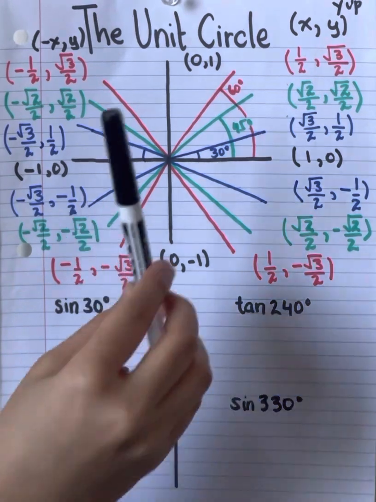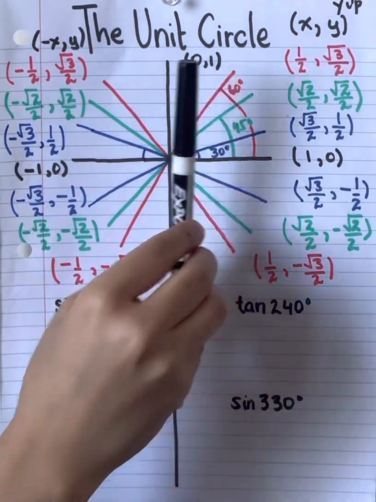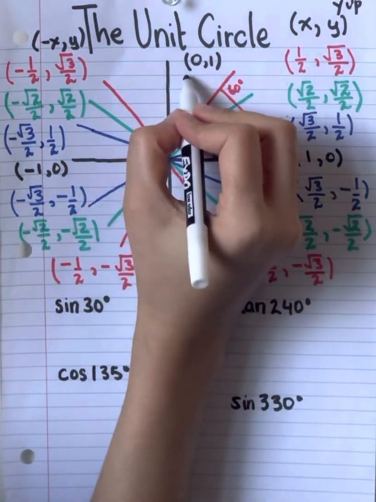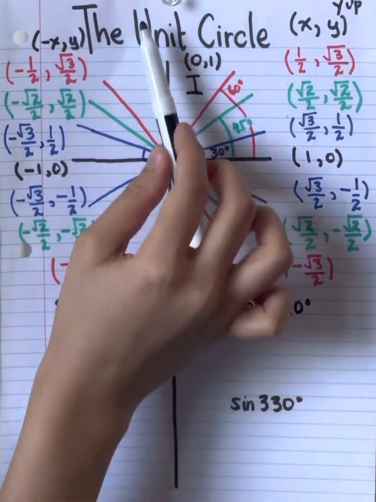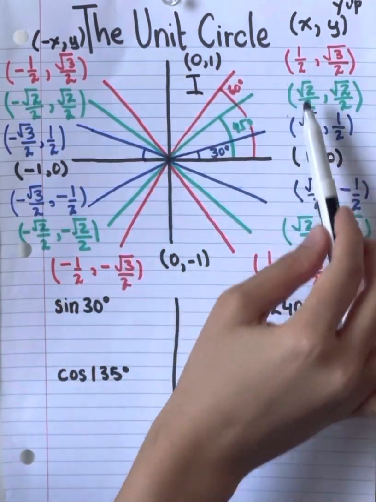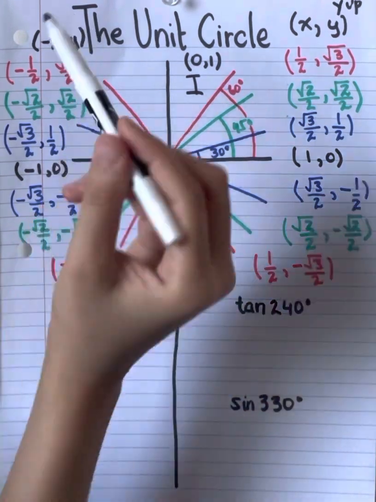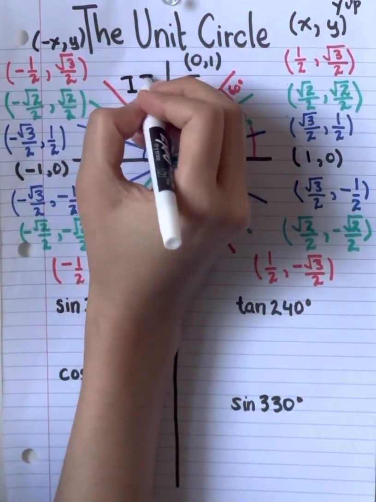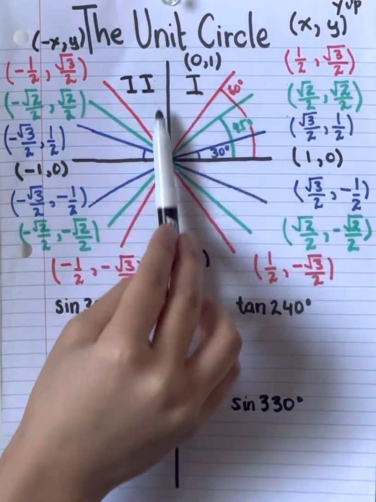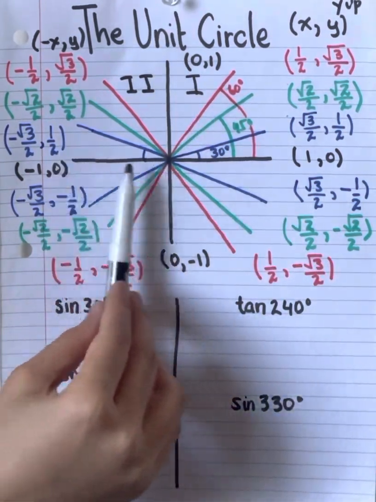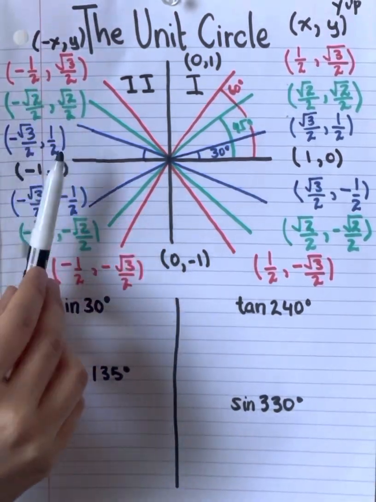Now, since we were talking about quadrant 1, this is the quadrant 1. So our x-axis is positive, our y-axis is positive, so all our coordinates are positive. Now, this is our quadrant 2. Here, we have positive y-axis, but we have negative x-axis. So here, all of our x values are negative.